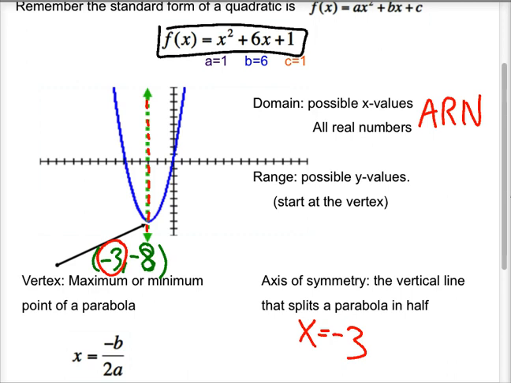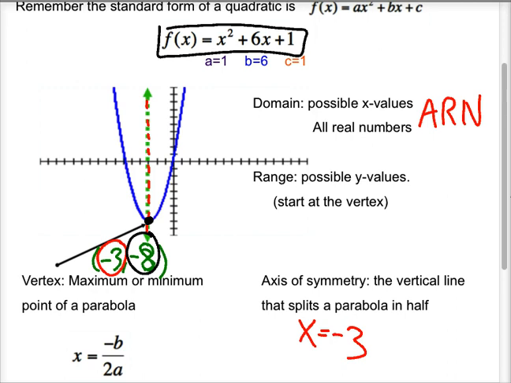Now the difficult task comes in when you're talking about the range, the possible y values. That's going to be based on this point here. It's going to be based on the vertex. And again, for a range, we're talking about y values. Now, what I want you to notice is we're starting down at that -8, okay?